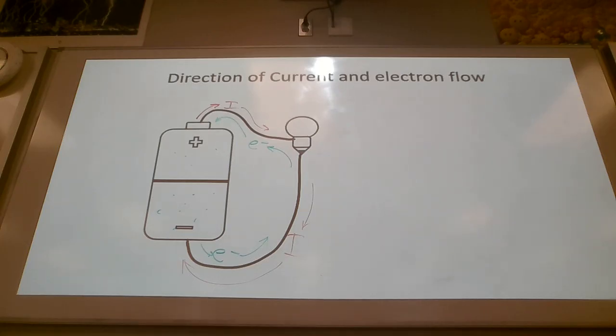And you ask why? Well, the reason is that's the way we've always done it, and we've never changed. So, some history. Ben Franklin was one of the founding fathers of the idea of electricity.